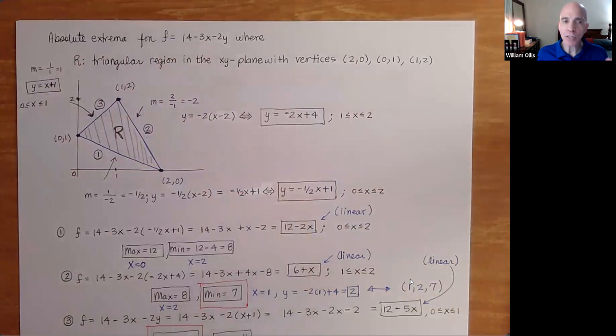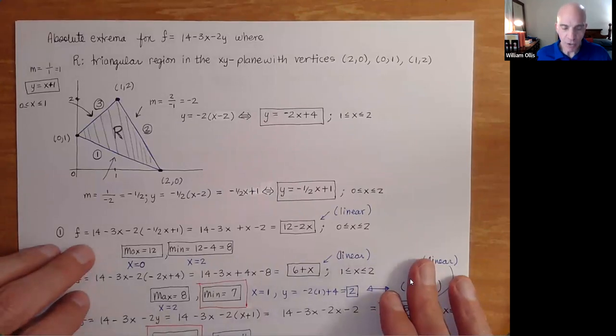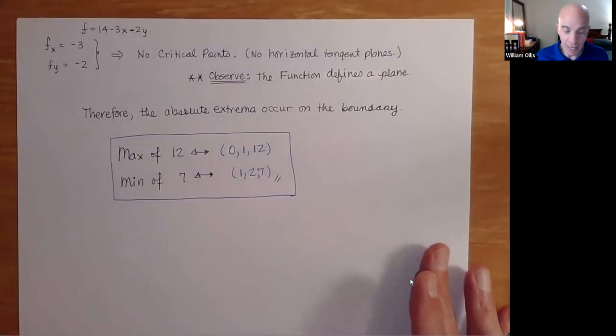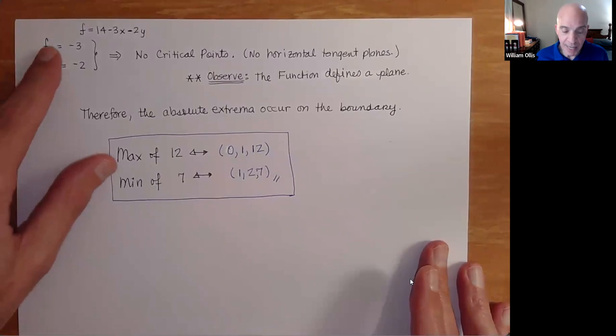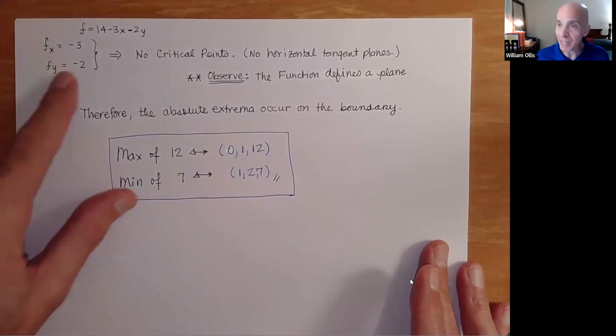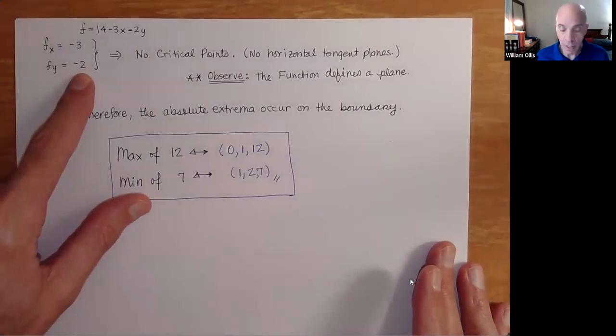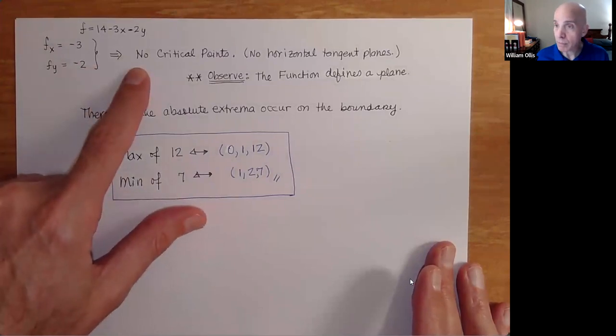Now, just before we do any analysis, I want to put to rest the critical points. Now here I'm going to go to the next page and then we'll come back. Notice when we take the x and y partials, we get constants. So there are no critical points.